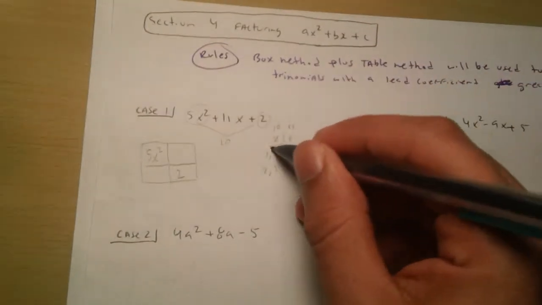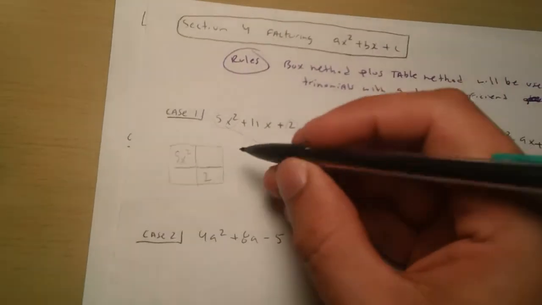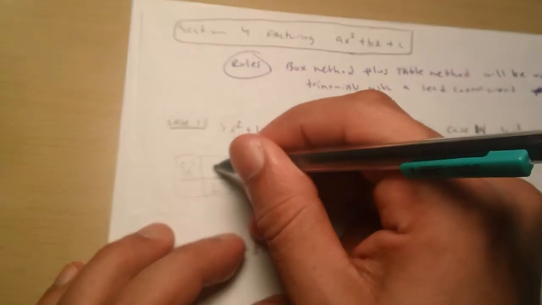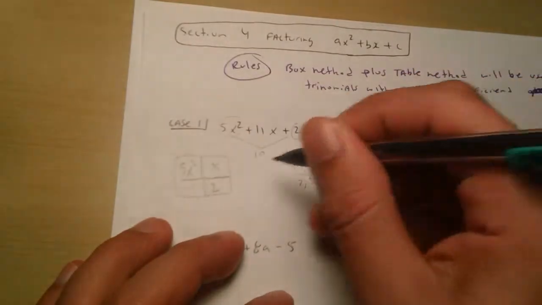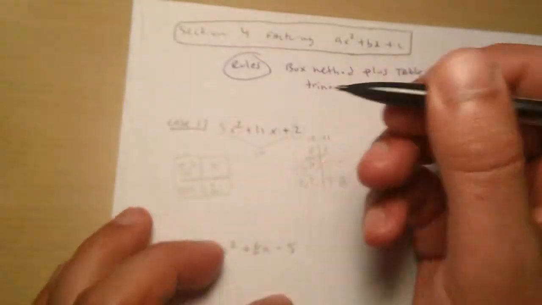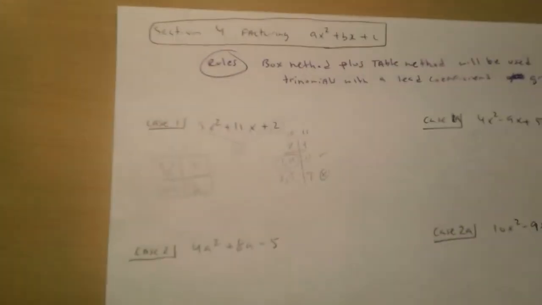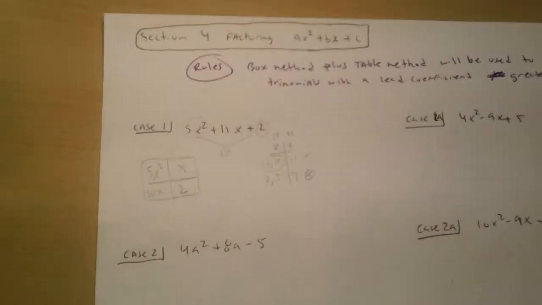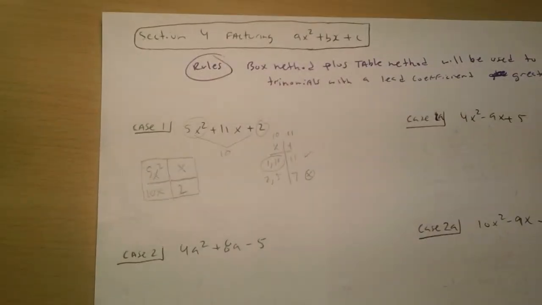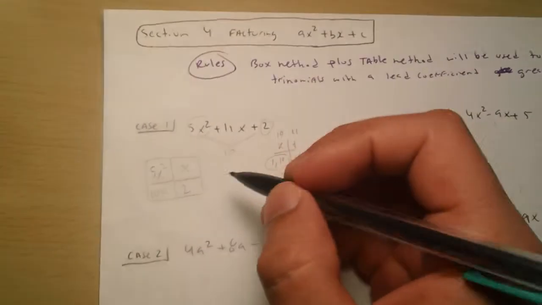Then we use these factors that we found, positive 1 and 10, and we put them inside our box. So we would have x and 10x. Now be careful not to forget your x's in the box, because this is where we're going to use GCF to find the missing parts, the missing factors.